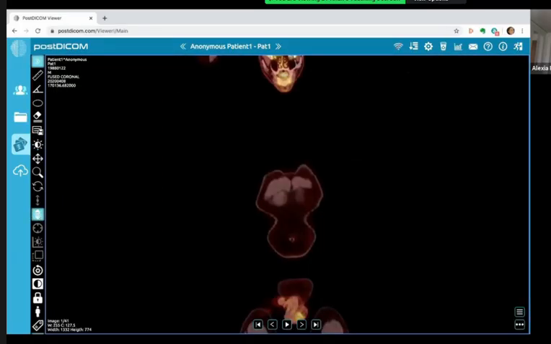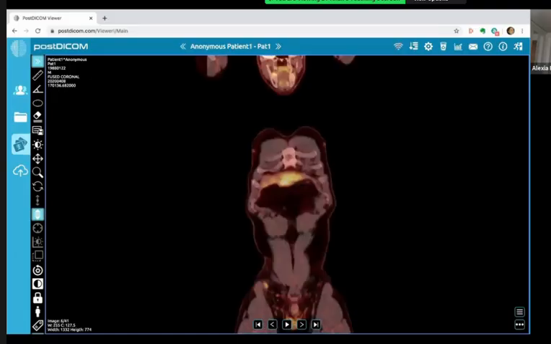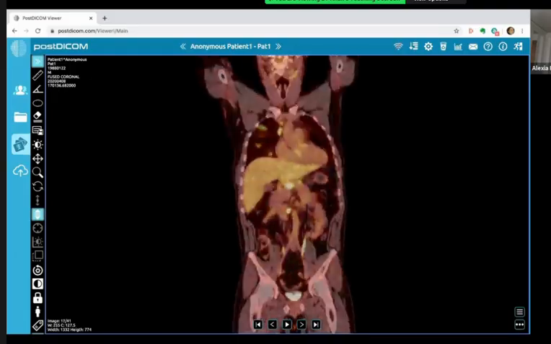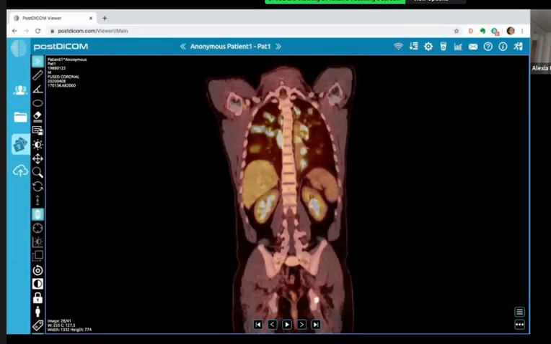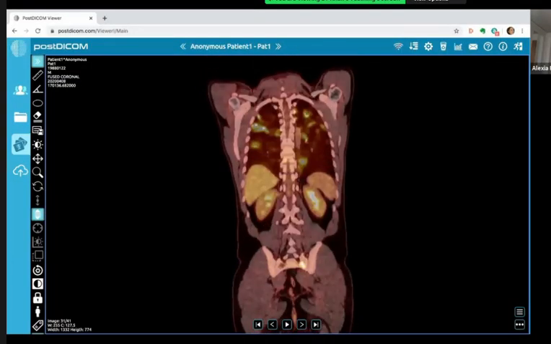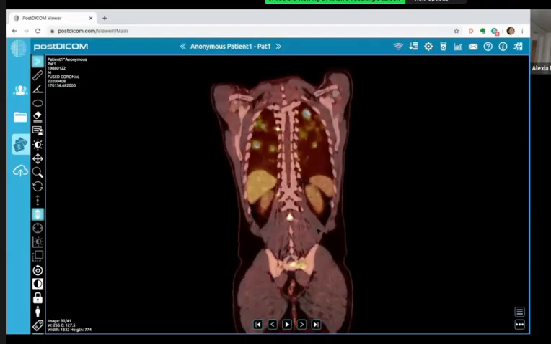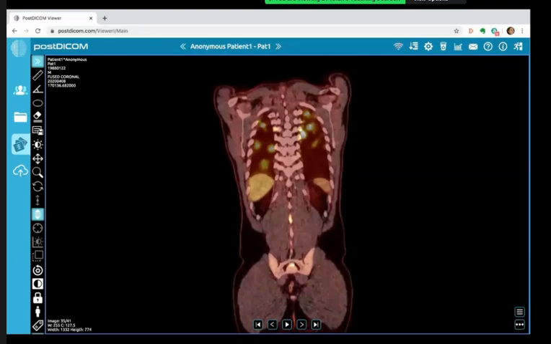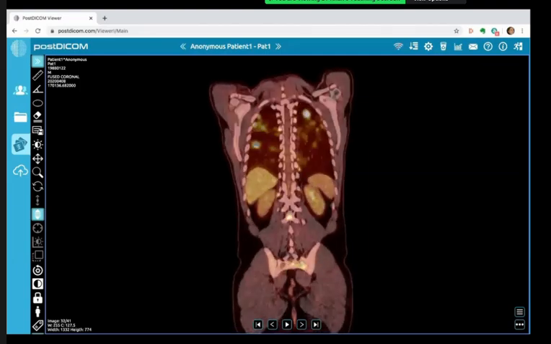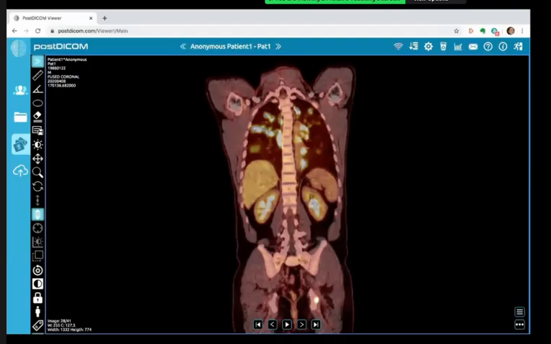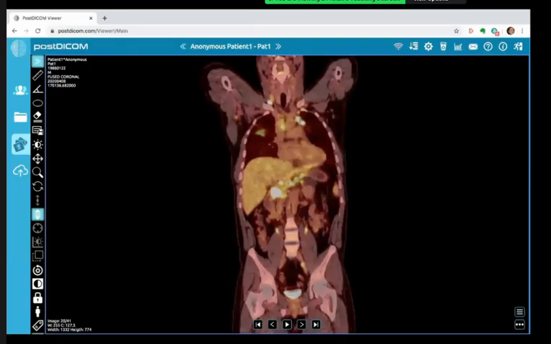I'll scroll through the PET. Yeah, it's got quite FDG avidity, with areas of uptake in the lymphatics, but in the lungs as well as the bones, especially the spinous processes.